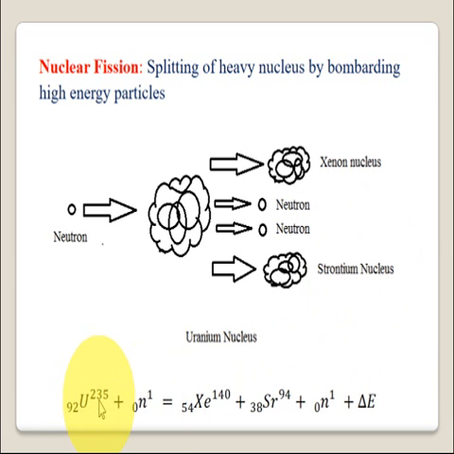So we have uranium 235 plus a neutron gives xenon 140 and strontium 94, and two neutrons plus heat energy released. This is the nuclear fission reaction which is typically used in a power plant.